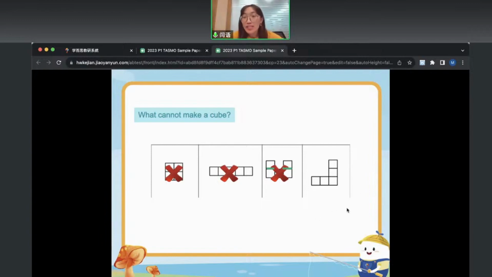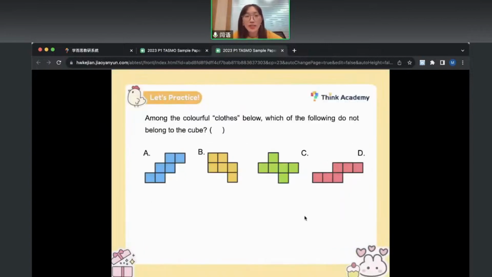When you see the big right angle, also cannot make a cube. Okay. 注意一下关于不可以组成一个正方体的一些特征，就是这4类。好，那我们说完了关于正方体展开图的这些知识点，我们来做一个 quick quiz。OK, so among the colorful clues below, which of the following do not belong to the cube?